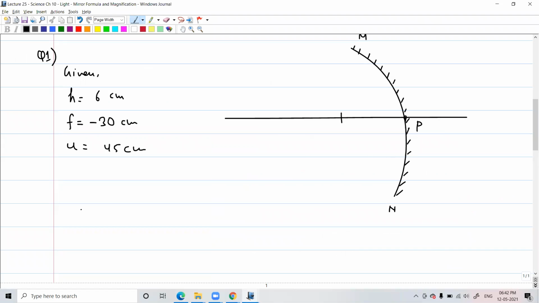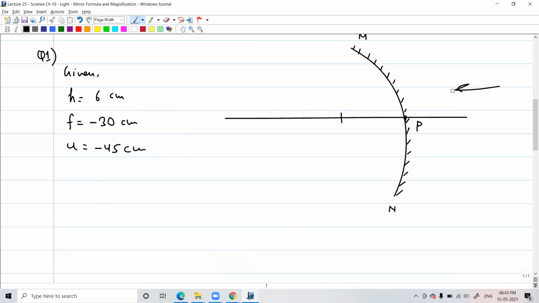Sir, minus 45. Yes, of course, it is minus 45. Be careful with u and f always. Like I said, u will be always negative 99% of the times. Unless something is given in the question, you can blindly write u as negative. It will be on the left side of the mirror only.